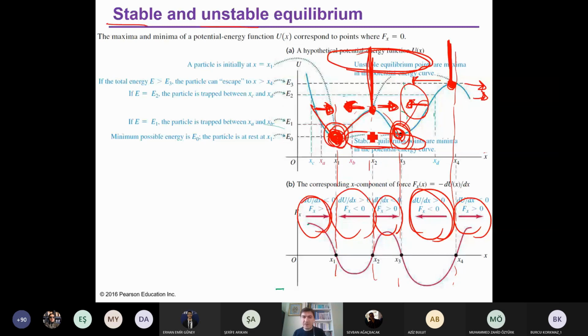Because in the stable equilibrium conditions, forces are pushing the body to the minimum energy condition, and at the unstable equilibrium conditions, forces push the system from the maximum potential energy to the minimum potential energy. So you can see that the force always acts to keep the system in the minimum energy condition.